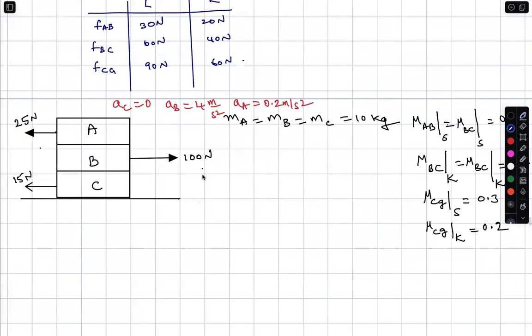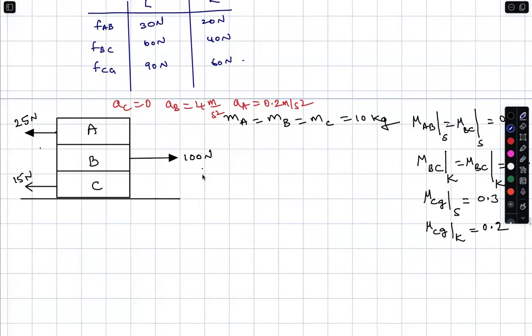Time is a bit short, so I should be a bit faster now, but still open to you. Am I cheating? Why should I cheat? That is the fact. Whether you convince or not, my point is very clear. What could be the maximum friction between B and C? Who is moving C?